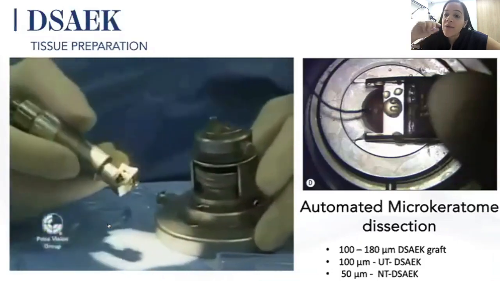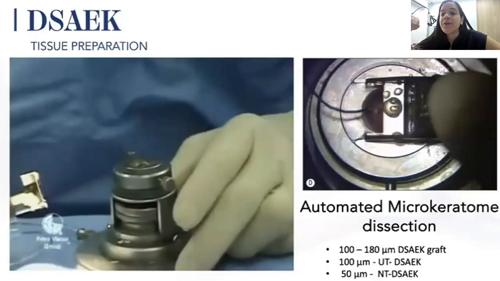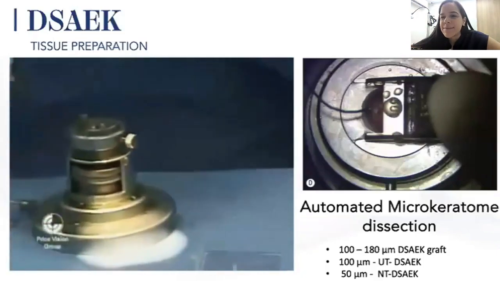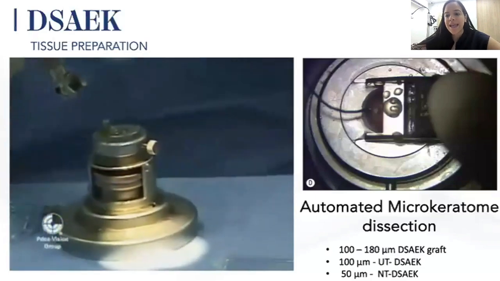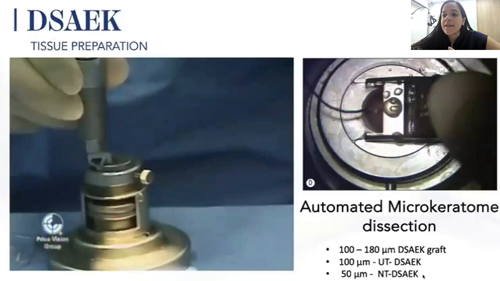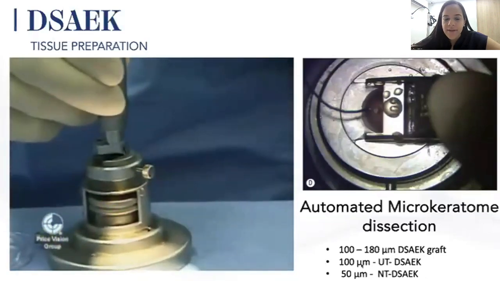Then they pass the microkeratome through the cornea to create a lamellar dissection, leaving the residual bed in the range of 100 to 180 microns, which constitutes the DSAEK graft. They are also now doing nano-thin DSAEK grafts that are around 50 microns thick.